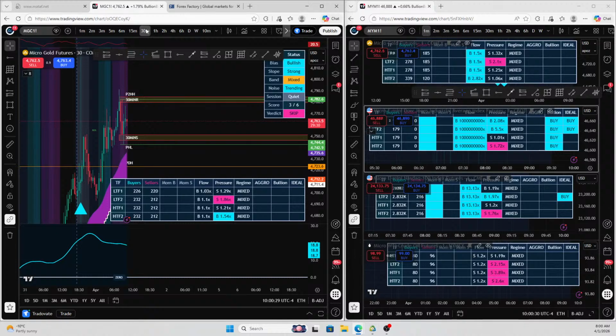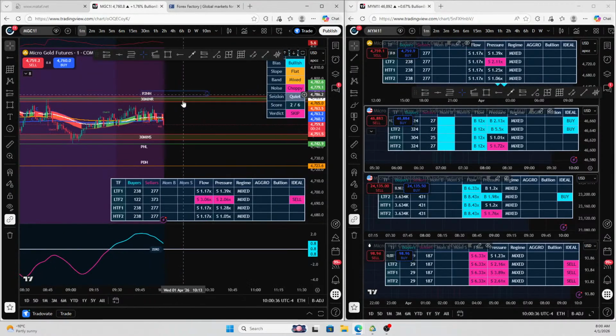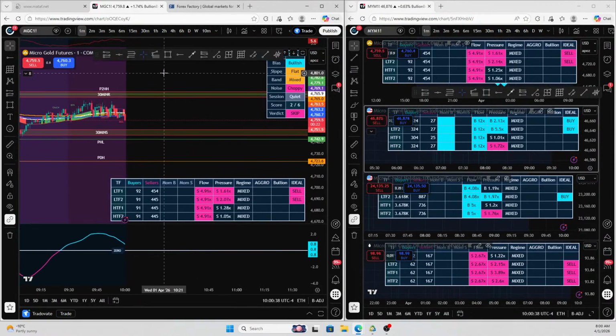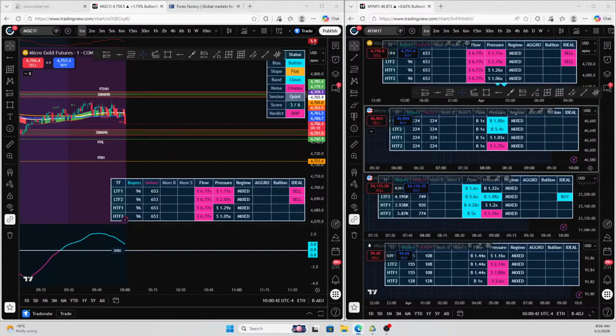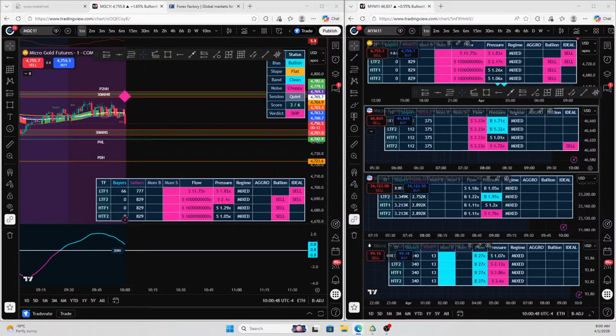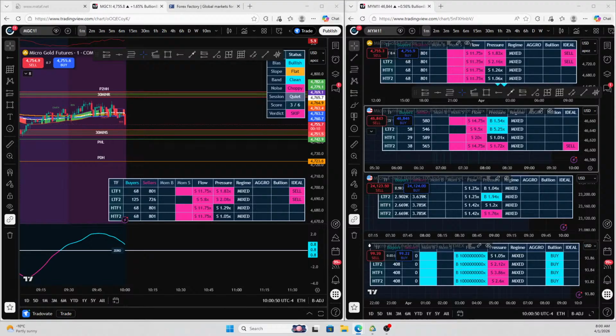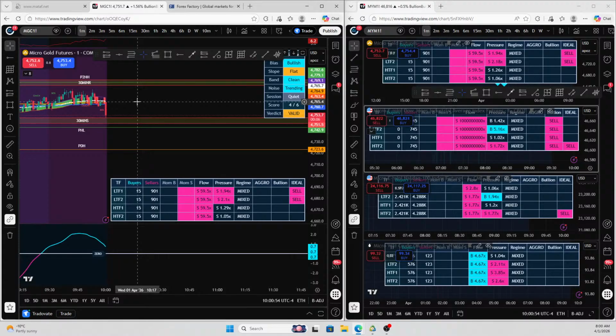Yeah, 30-minute support to resistance is still solid, so it's pretty much the same, no change. If we have any breaking news, quickly check. No news yet. Okay, so we're pretty good right now. No change. Let's wait.